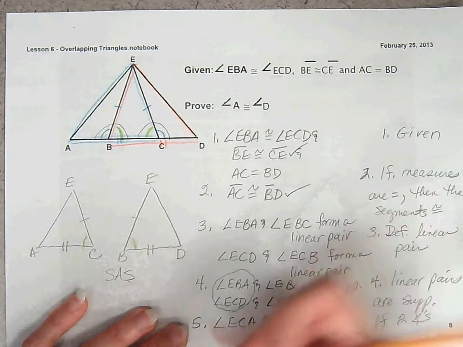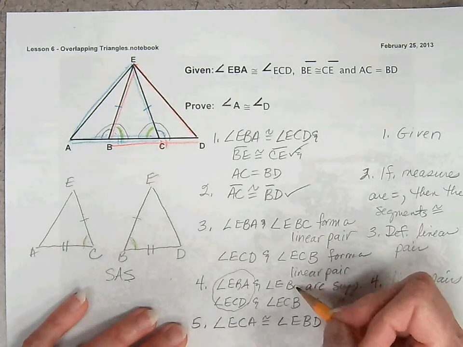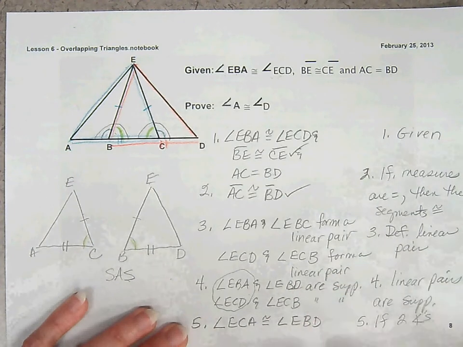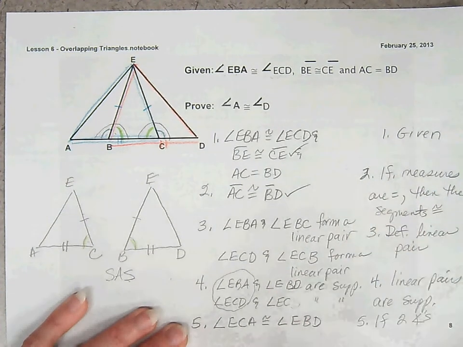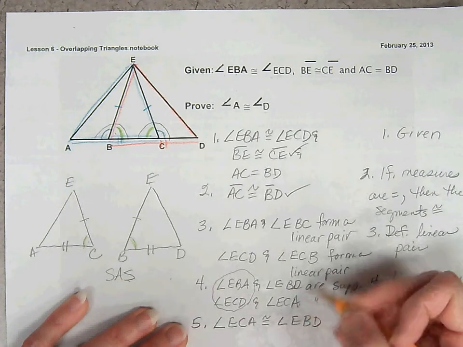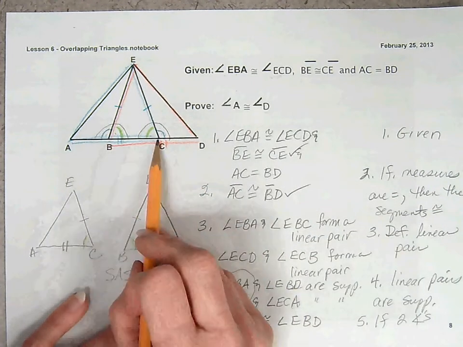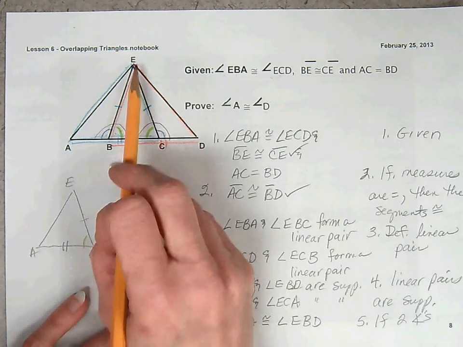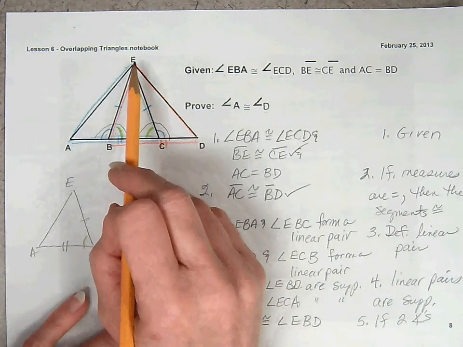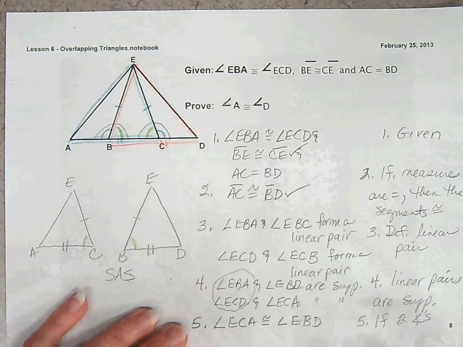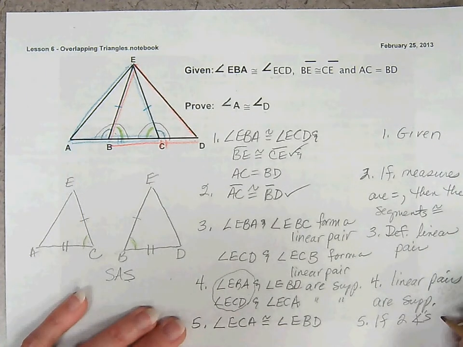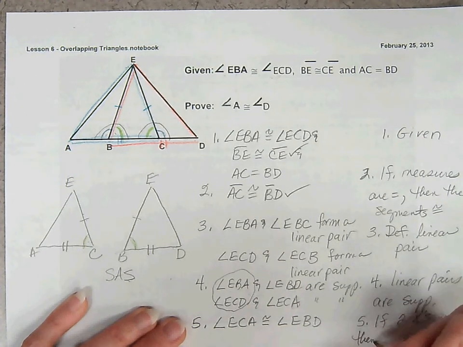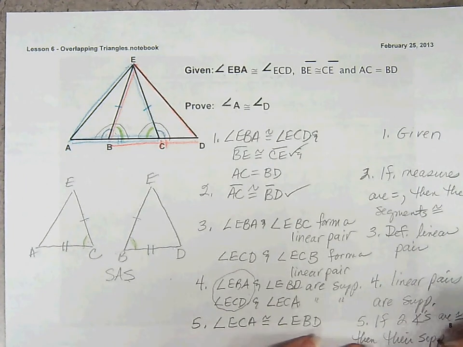Maybe to be more explicit, I should have said EBD here, and ECA. Just because EB, you could name it EBC, but it's not in our final picture here. So let's do EBD and angle ECA. Okay, so if two angles are congruent, then their supplements are congruent.